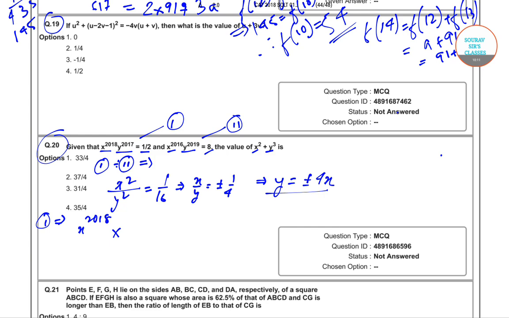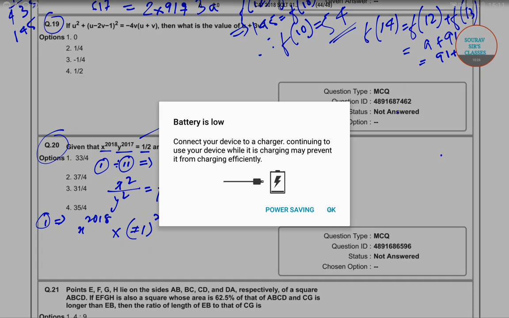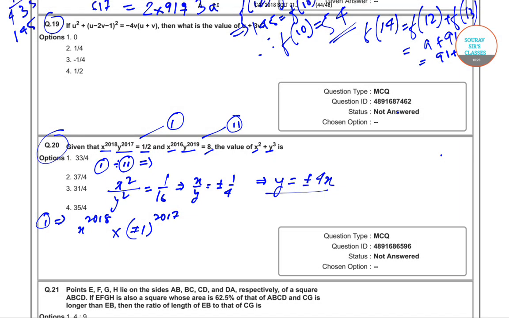So what we'll try to do over here is that y to the power 2017 will be basically plus minus 1 to the power 2017 into 4 to the power 2017 into x to the power 2017. Okay, and this will be equal to 1 by 2.